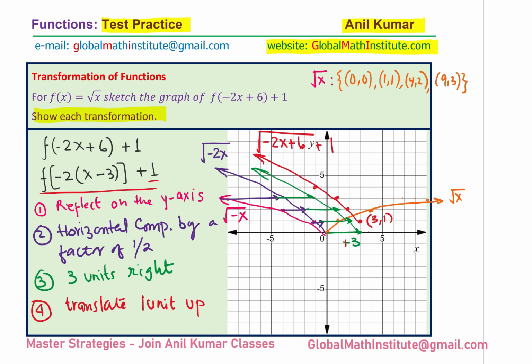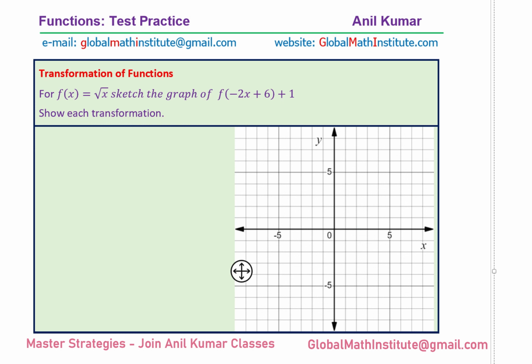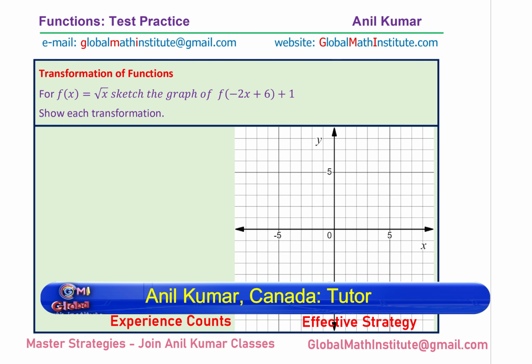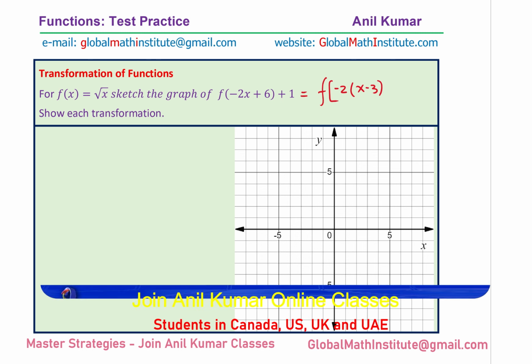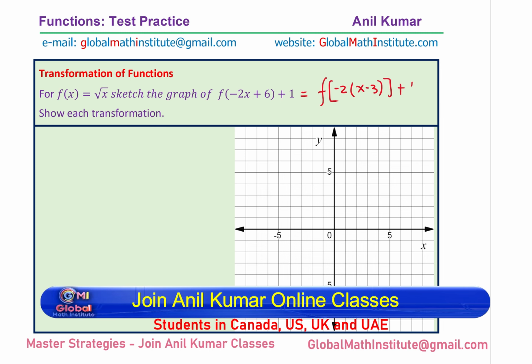Now, as far as the coordinate points are concerned, we can do the math for the points also. So let me do it on a fresh page. So let's revise what we did. We wrote this particular function as factoring out minus 2. We got this as x minus 3 plus 1.